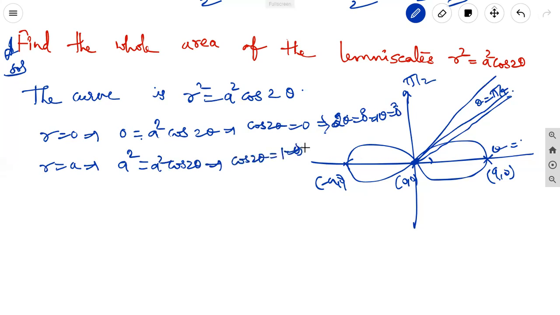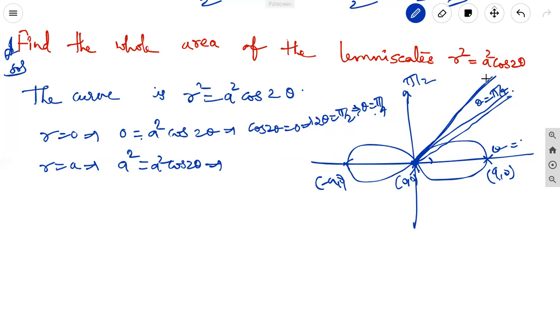When r is 0, then cos 2 theta equal to 0. Then 2 theta equal to pi by 2, so theta equal to pi by 4. When theta equal to pi by 4, the radius is equal to 0.